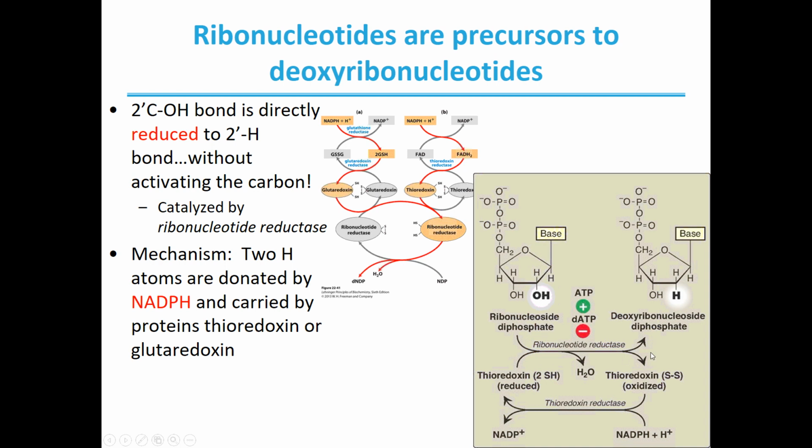This ribonucleotide reductase is going to be regulated by levels of deoxy versus the regular ribonucleotide ATP. This is also an enzyme where we see a lot of our chemotherapy treatments are going to be aimed at this enzyme because we see high levels of deoxynucleotides produced in areas that are rapidly dividing, making lots of DNA.